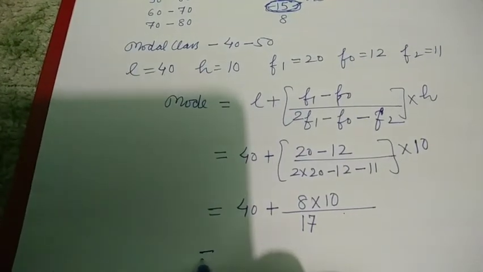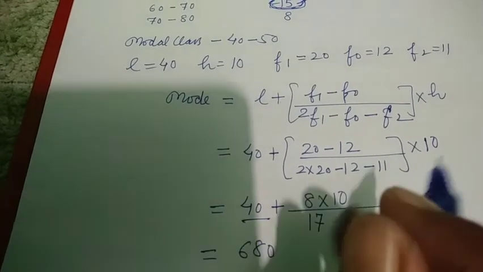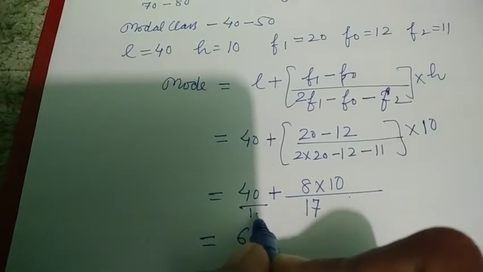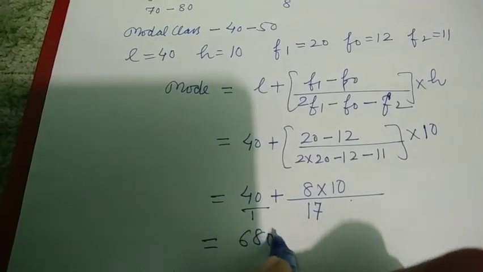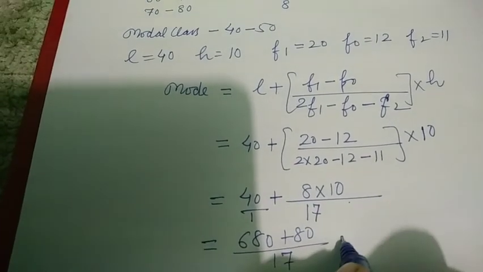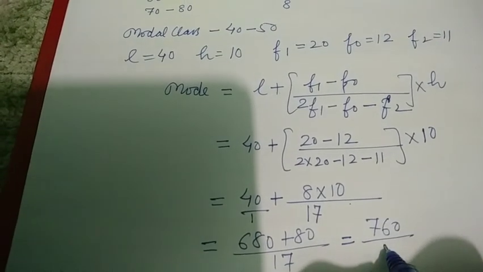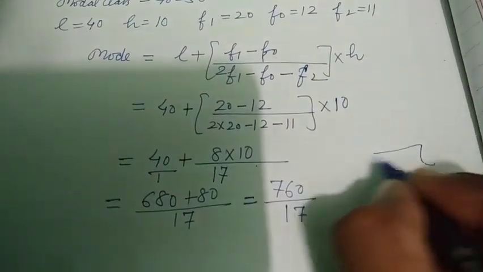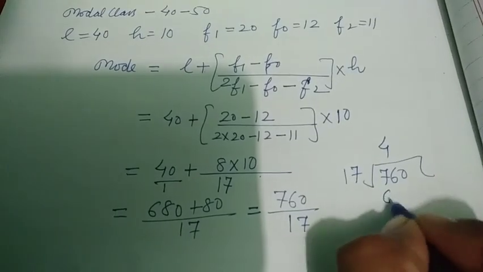Okay, and it will be 680, because to make this, I hope that at least you know how to do the addition. Here I have to make this 17, so multiply numerator and denominator both by 17, so I'll get 680 plus 80 upon 17, which is further equal to, when I add these, 760 upon 17. Okay, and when I divide this, 760 and 17, 7 4s are 68.